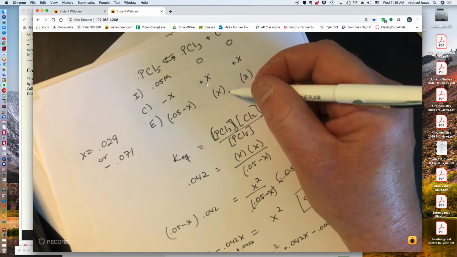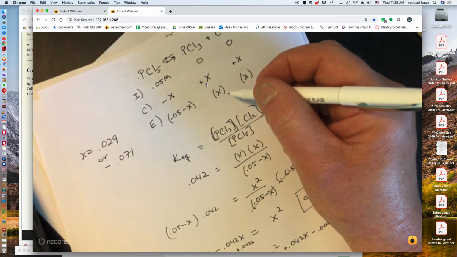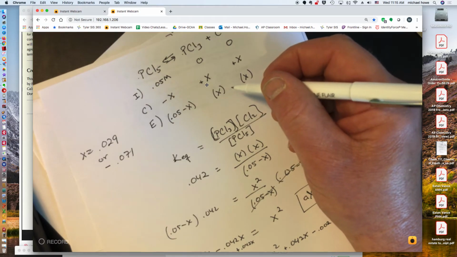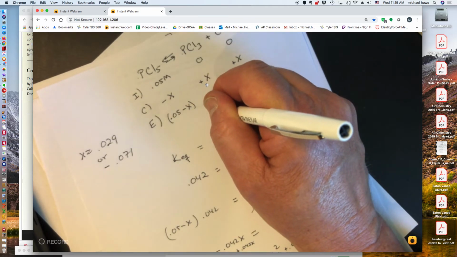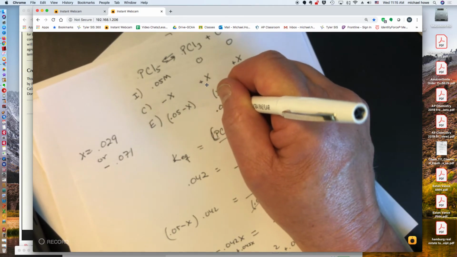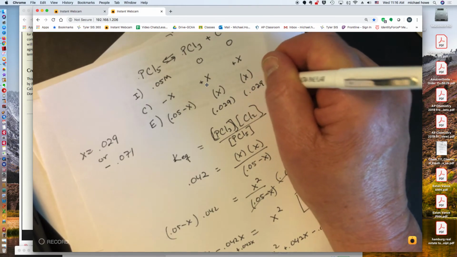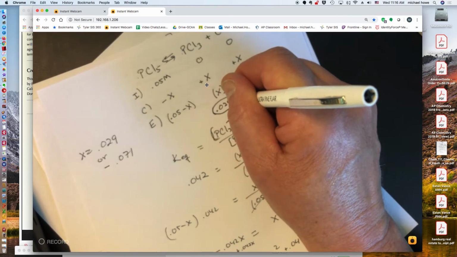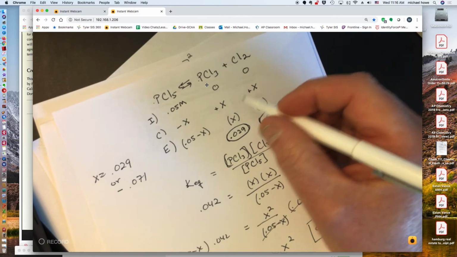You don't have a negative mass. Remember, that was one of the problems with the phlogiston theory back in the fall, that the negative mass threw that phlogiston theory out the window, even though it was based in experimentation. So we would have to say that x is equal to 0.029. Actually, we'll put circles around those because those are the equilibrium concentrations of the PCl3 and of the Cl2.